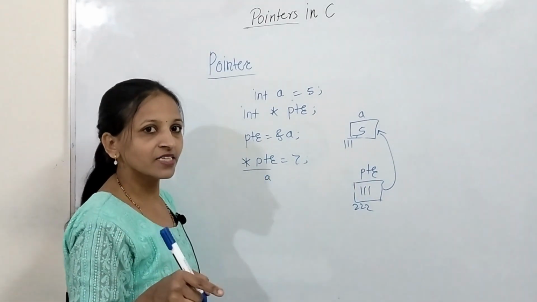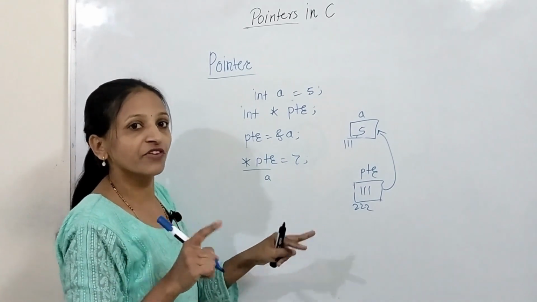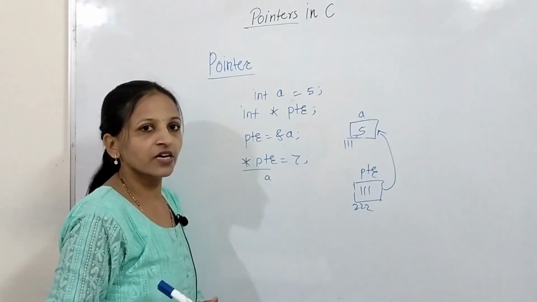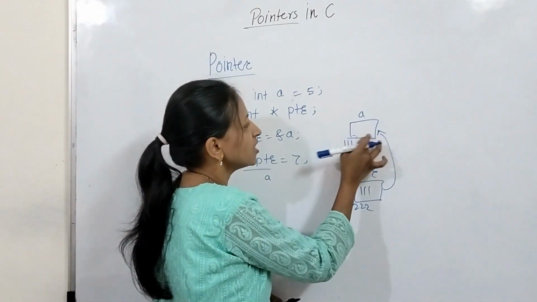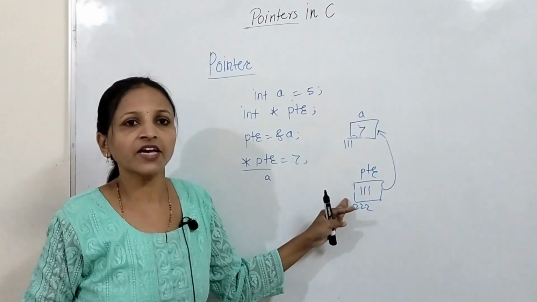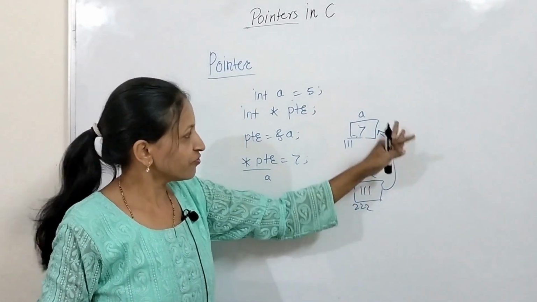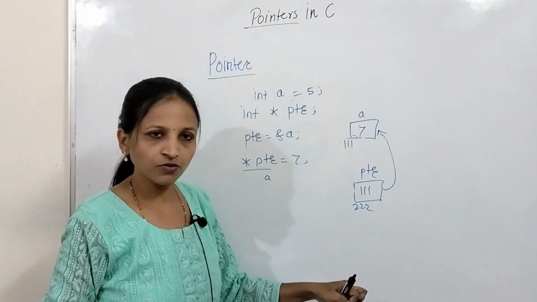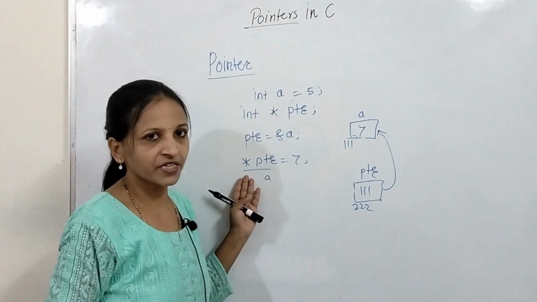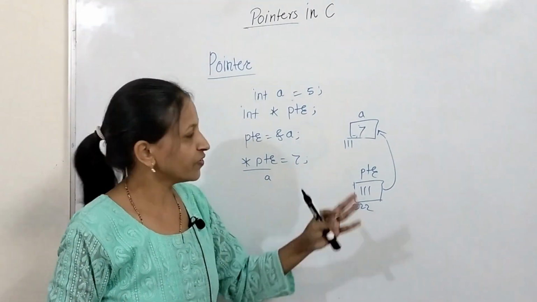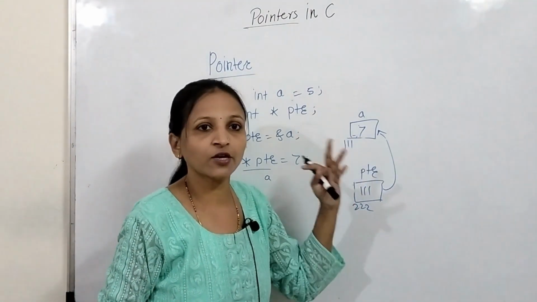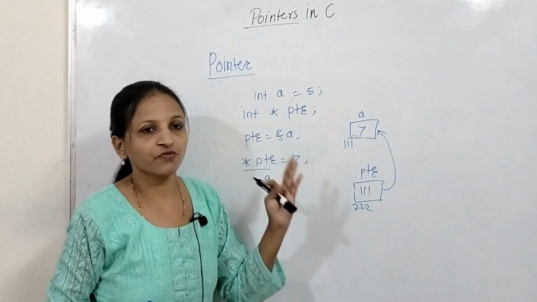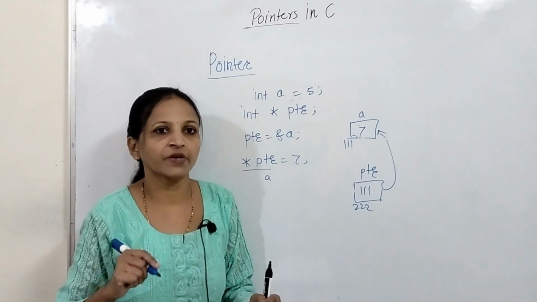So star ptr is nothing but a, and the value of a becomes 7. We can write like this. With the help of a pointer variable we can also modify the value. We can fetch the value using the indirection operator with a pointer variable, and also modify the value of that location. This is the first point you should keep in mind.